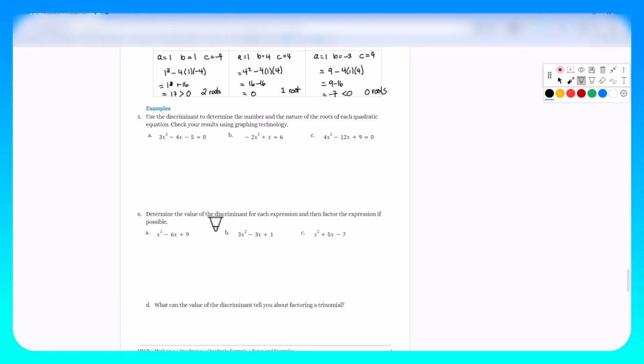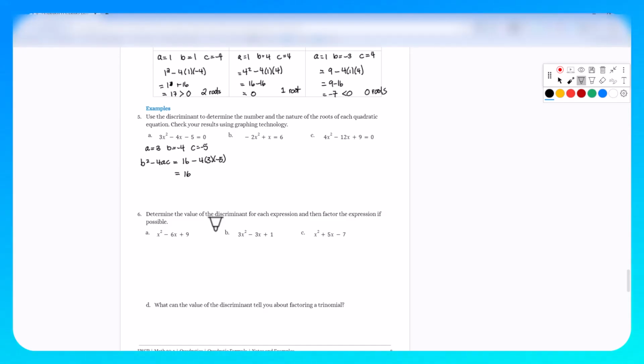So let's look at a couple more examples, and let's use the discriminant to check the number and nature of the roots for these three equations. So making sure we hold on to the sign, b squared minus 4ac equals, well, b squared is -4 squared, which is 16, minus 4 times 3 times -5.